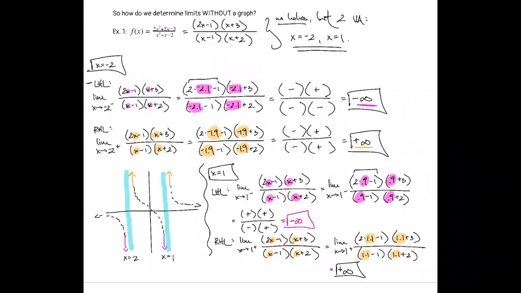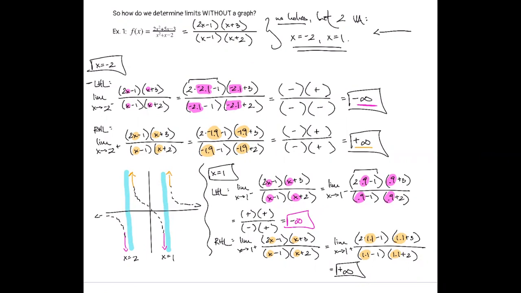Even though this is only one example, I think it shows us a lot of the process that we're doing here, which is we have to figure out where the asymptotes are. Before we do anything else, we have to figure out the vertical asymptote location. And then using what we know about vertical asymptotes, we know the graph either goes up or it goes down. Those are our only options.